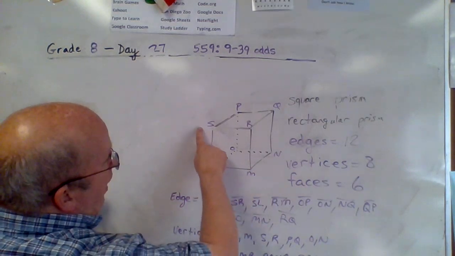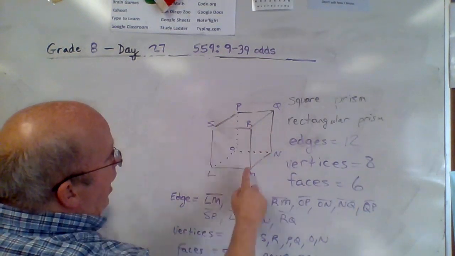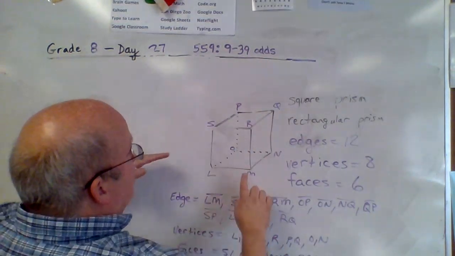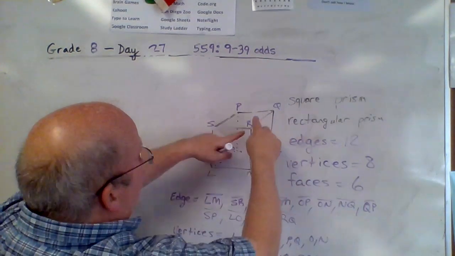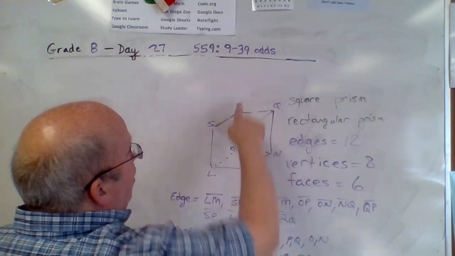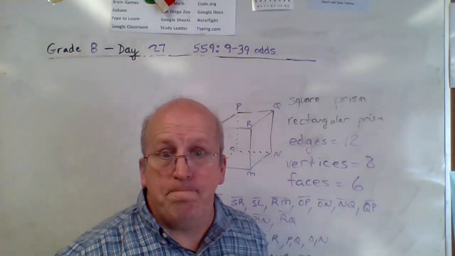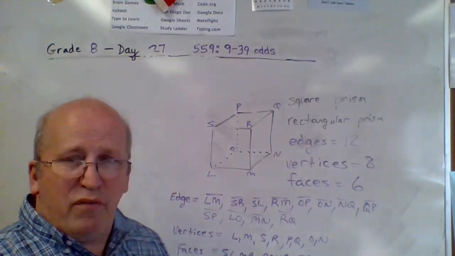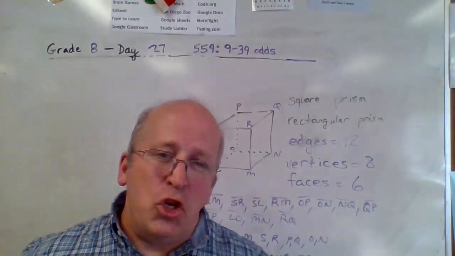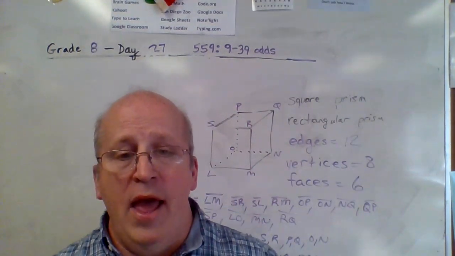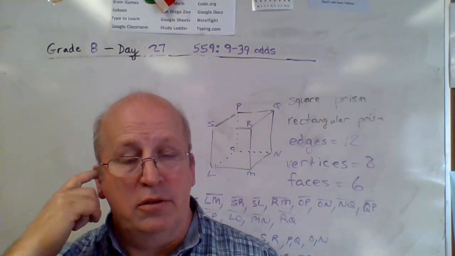But if I talk about SR and I think about line RM, those would be intersecting lines because SR would go right through the middle of RM if we turned them both into lines instead of line segments, right? But what if we could find two line segments that are not parallel and do not intersect?